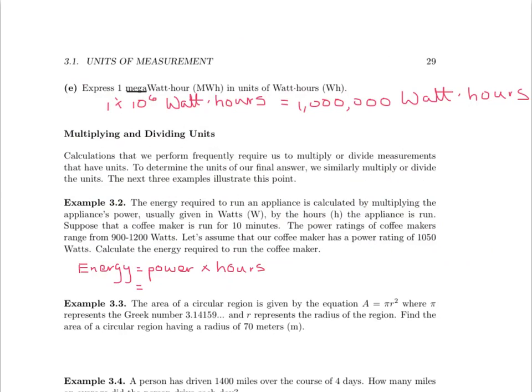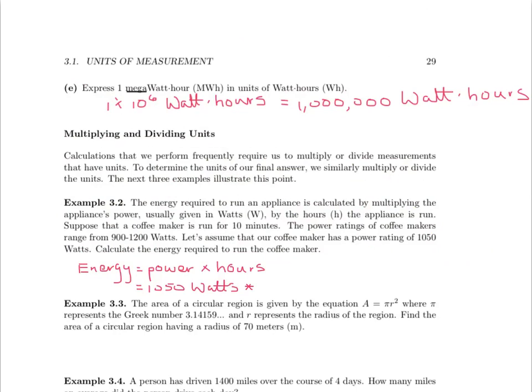Now, for the coffee maker, its power rating is 1,050 watts. We need to multiply that by how many hours we've run the coffee maker. Now in this case, we've run the coffee maker for 10 minutes.